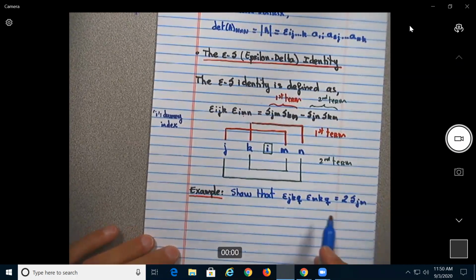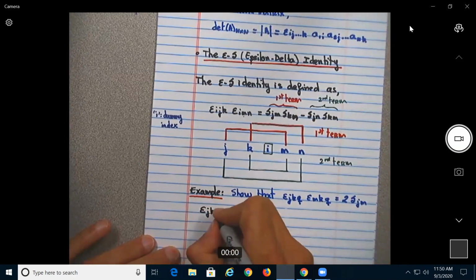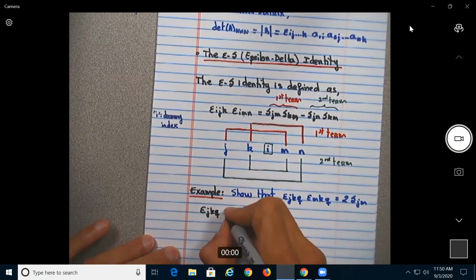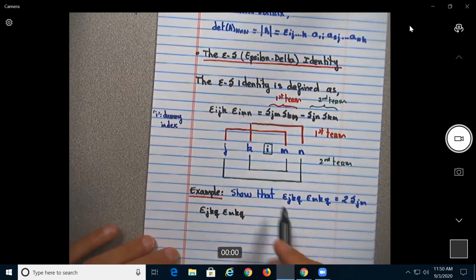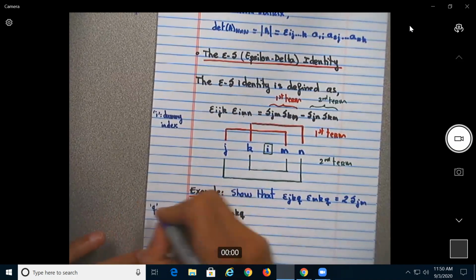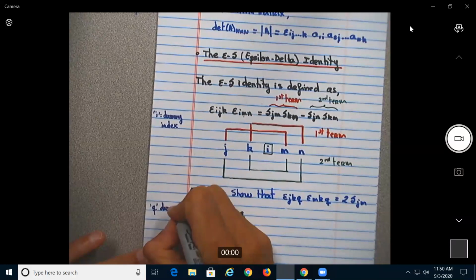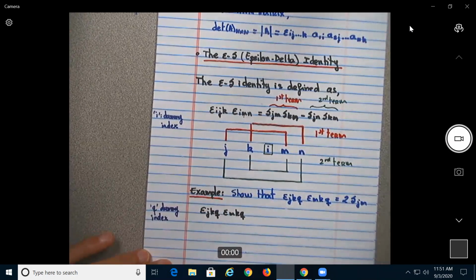Okay, so here let's just rewrite the same line, epsilon J K Q epsilon M K Q. Well, actually you could choose over here because you have two repeated indexes, no? K and Q. But let's say here we choose Q as our dummy index, okay?